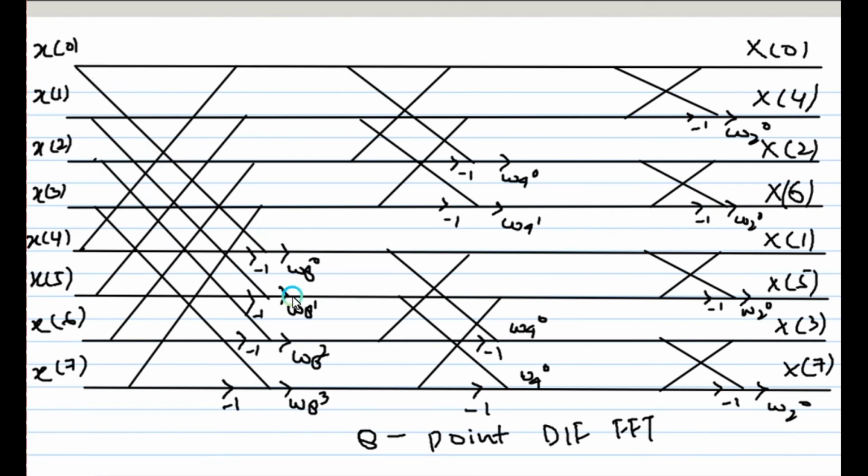If you notice here, the multiplication by twiddle factor is always for the odd sequence. So it's multiplication by W80 to W83 here, and then the multiplication by W40, W41 is for the odd sequence of G1 of k, and similarly for G2 of k. Similarly, here we didn't have the multiplication by W20.